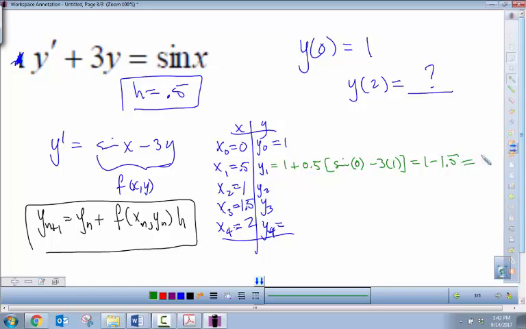Okay, so this is negative 1/2. Wow. So that's y sub 1. Well, this is exact.